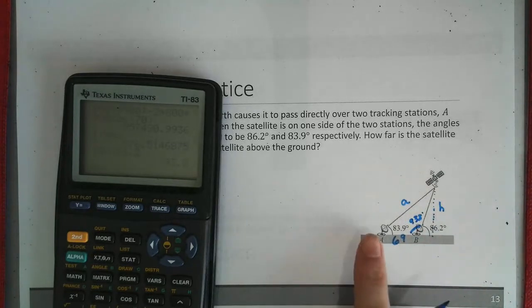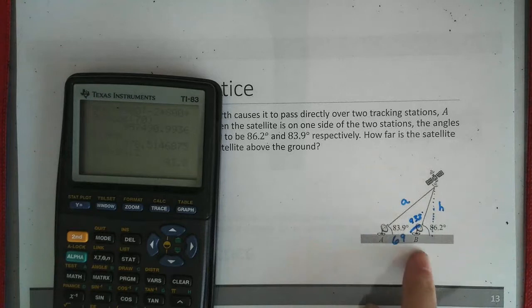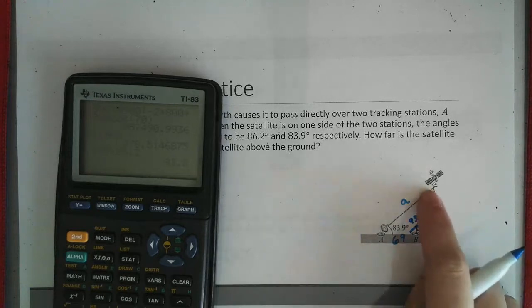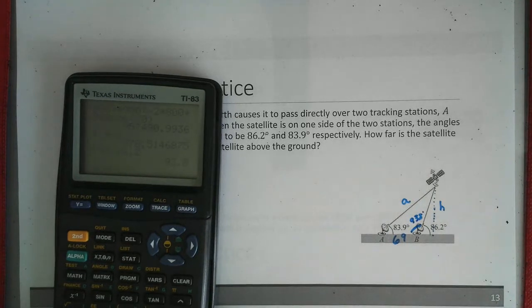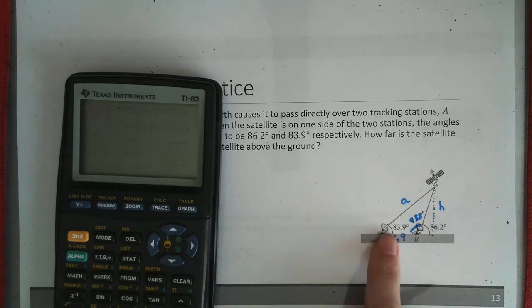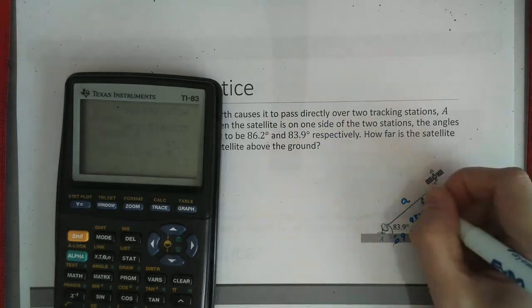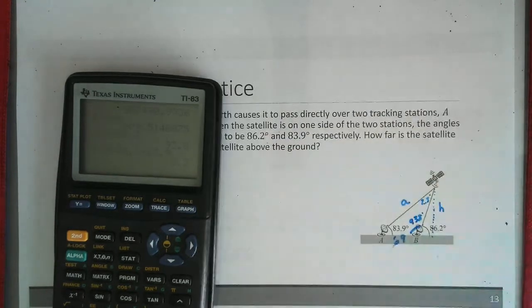I now have angle, side, angle. I can find this third angle and then use the law of sines. So if I take 180 minus the 93.8 that we just found, minus the 83.9, which is the angle from satellite A to the ground, we get that this tiny angle up here is 2.3 degrees.